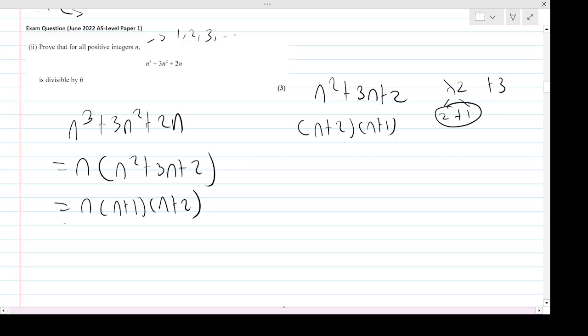If we consider 1, 2, 3, and then the next three numbers, 4, 5, 6, then no matter what, it has to be a multiple of 1, a multiple of 2, and a multiple of 3, because it's three numbers consecutively. So we can consider it in that way, for any number n.